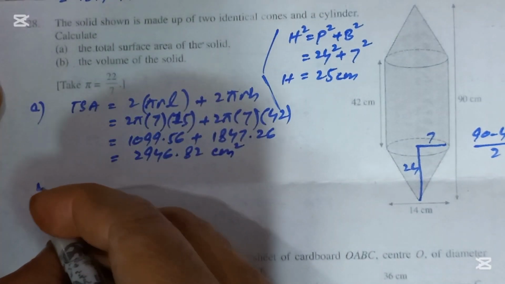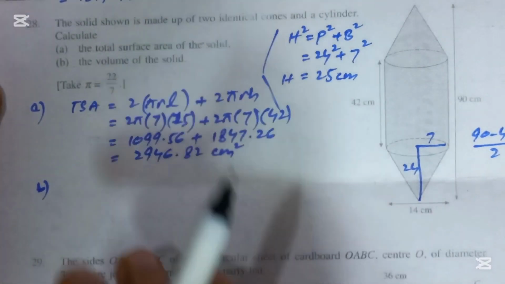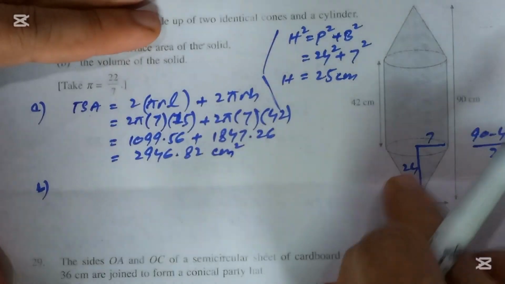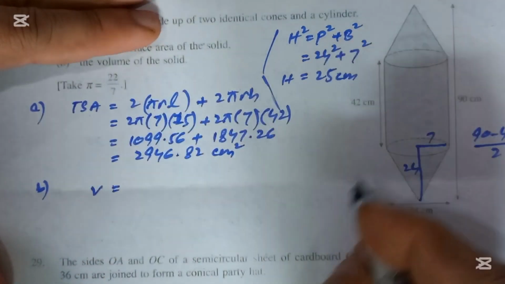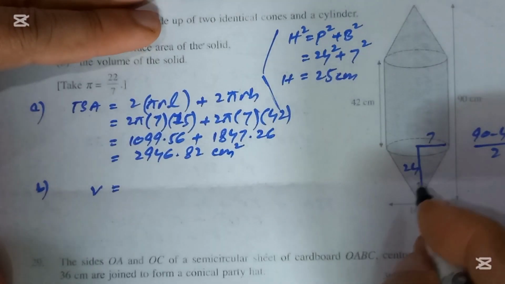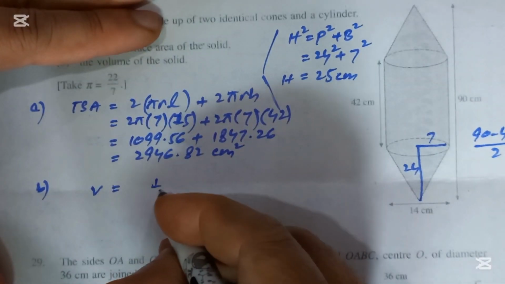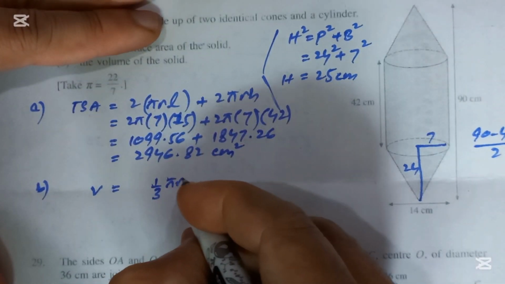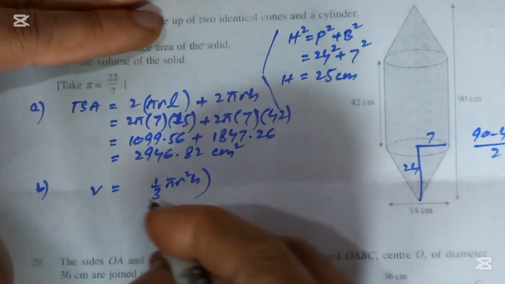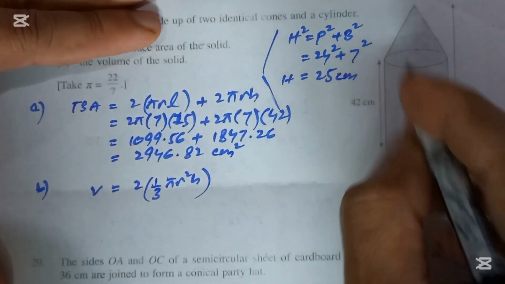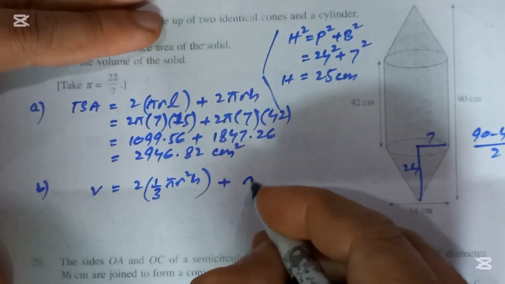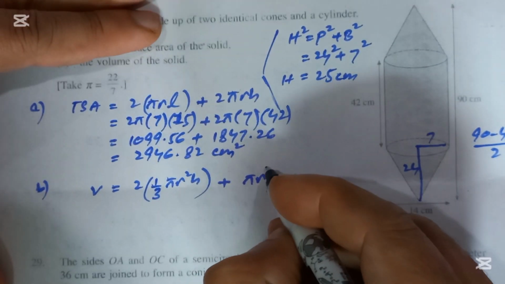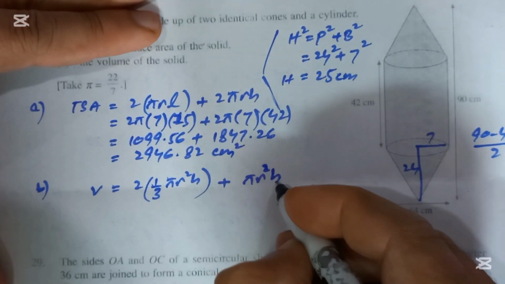Now B part. Find the volume of the solid. So there are two identical cones. So total volume of the solid is, cone's volume formula is 1 by 3 pi r square h. Put 2 with it because there are two cones, and there is a cylinder in between them. Formula for cylinder's volume is pi r square h.